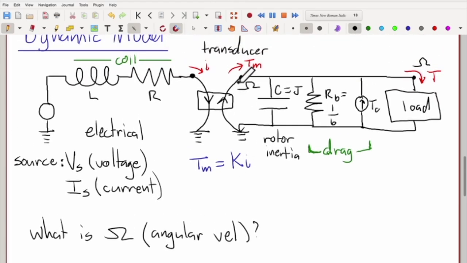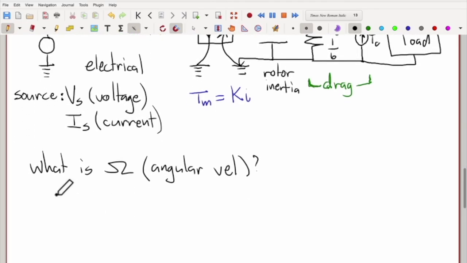Well, to figure that out, we're going to use another property of transducers, which is that they conserve power. So a transducer conserves power.